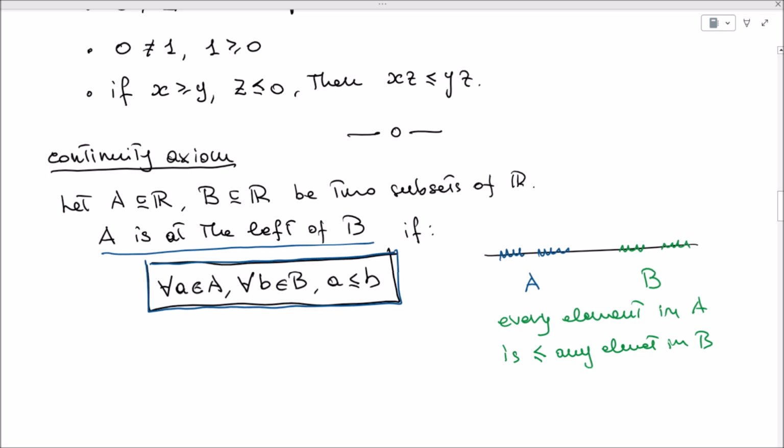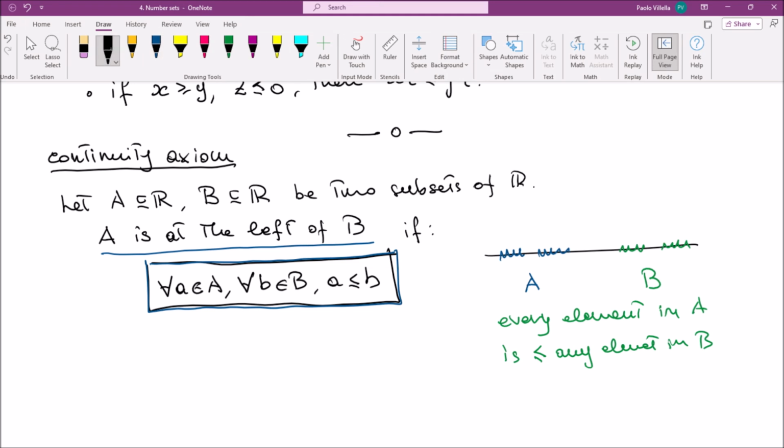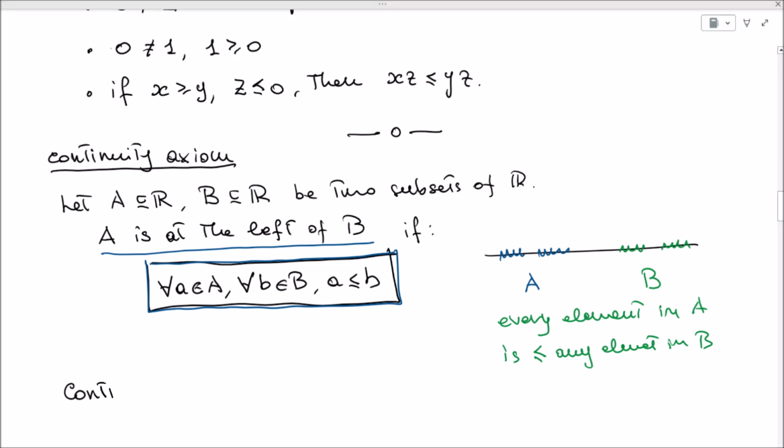Okay, so now that we have the definition of what A to the left of B means, let's give the continuity axiom.